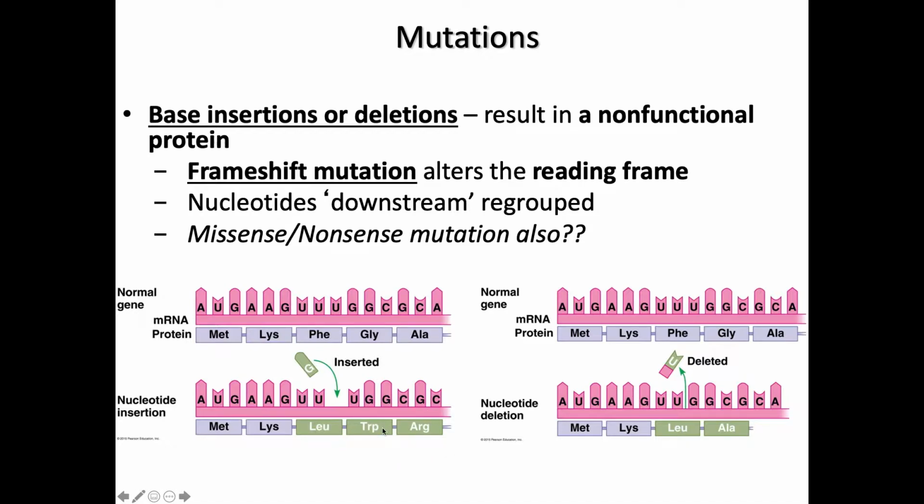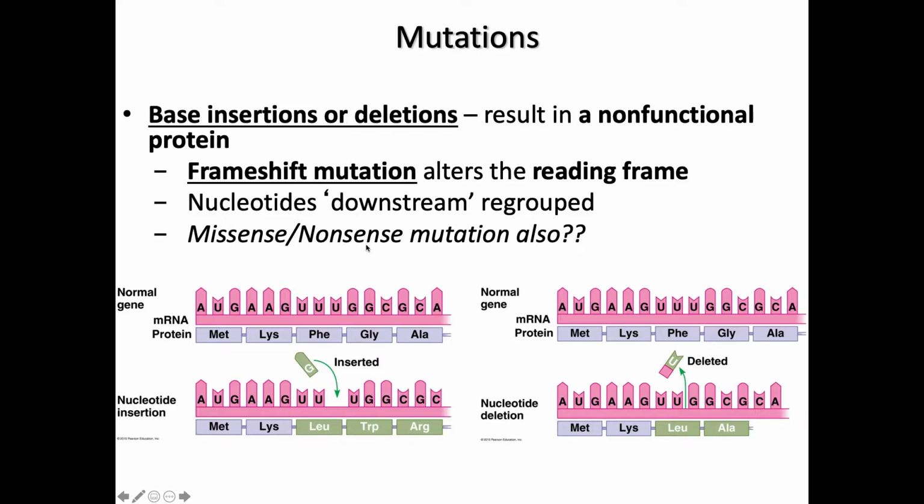Would this qualify as a missense mutation as well? Yes, it does change our amino acids. We went from phenylalanine to leucine, from glycine to tryptophan, from alanine to arginine. So yes, it qualifies as a missense mutation.